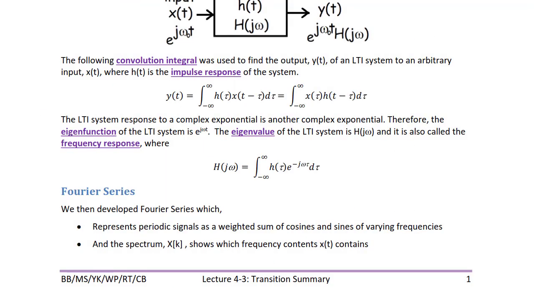We then discussed Fourier series, and we discussed that you can represent a periodic signal as a weighted sum of cosines and sines or complex exponentials at various frequencies called their harmonics, and that the spectrum X[k] shows which frequency contents exist in x(t).